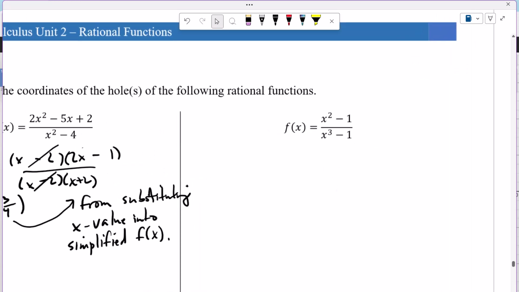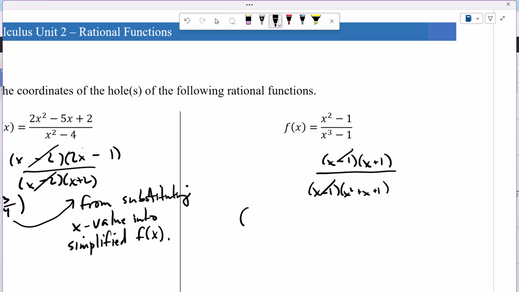Would you simplify this last one? So the bottom is going to be x minus 1 times the quantity.